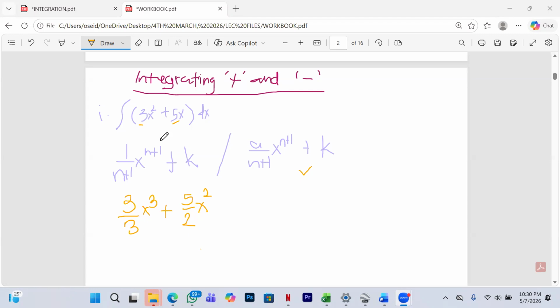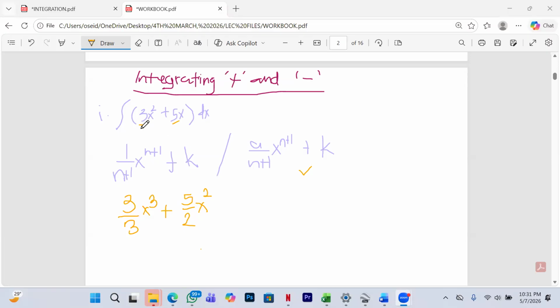So over here, the existing power is the n, and this is the one that we are adding 1 to. Then we divide the entire term by the new power. If it has a coefficient, then we say let the coefficient be represented by a, and we divide by the new power, then add our constant, which is k.